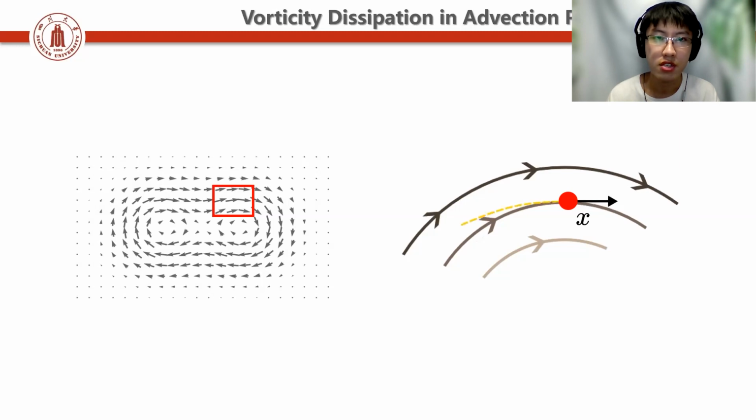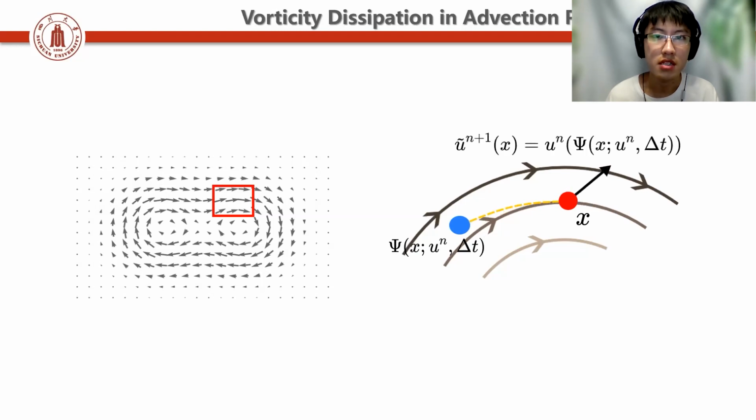A typical advection operation will calculate its characteristic line according to the current velocity field, or trace back to find the blue dot in the figure. Its position is obtained by using a backtracking function. Then take the velocity of the blue dot as a temporary velocity of the next moment of the red dot.